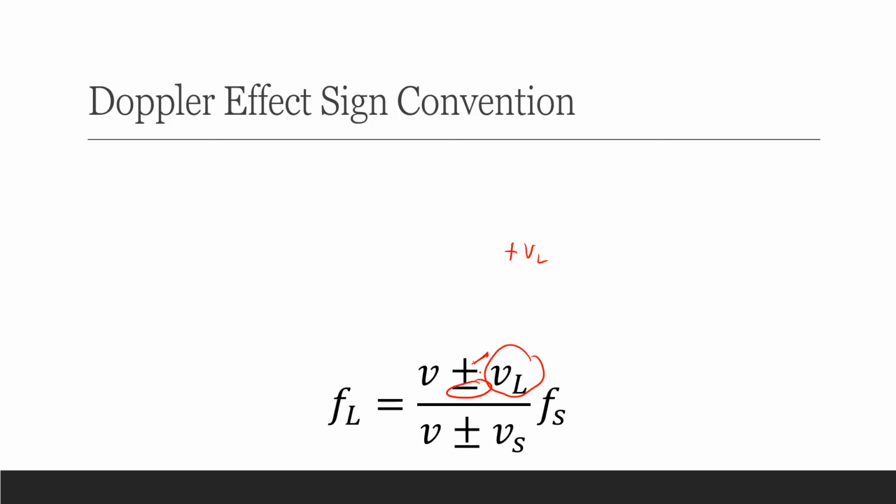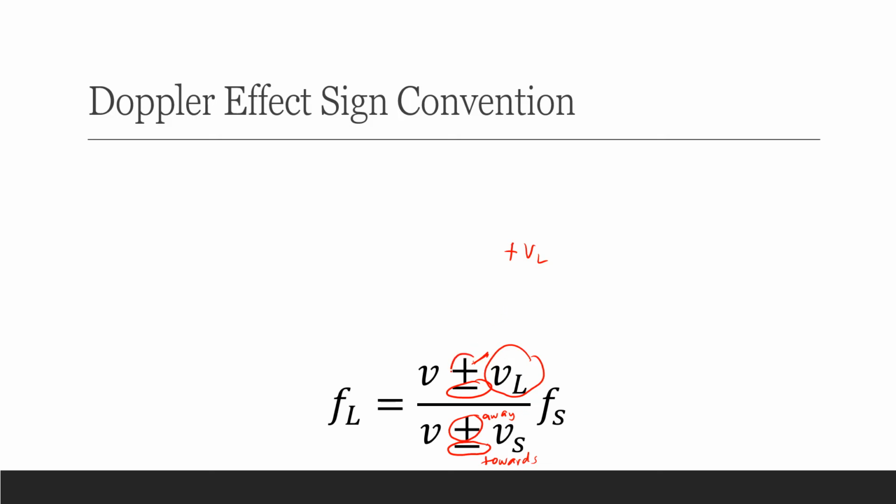For VS, you use minus VS when the source is moving towards the listener, and you use plus VS when the source is moving away from the listener.